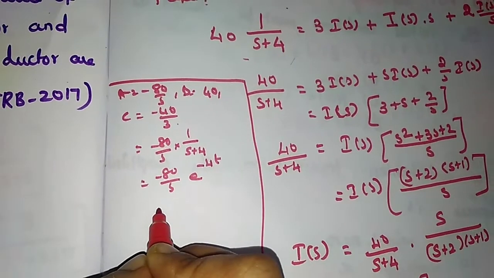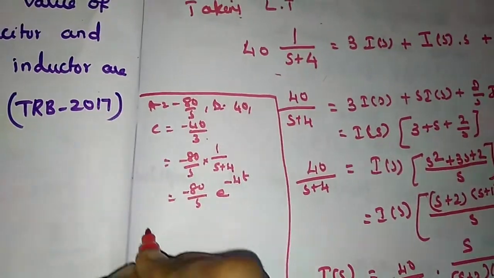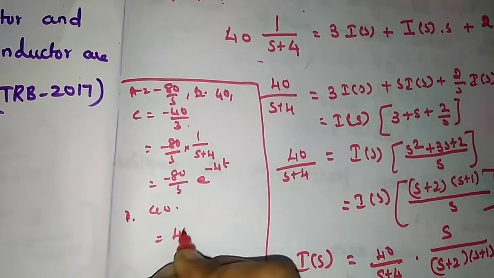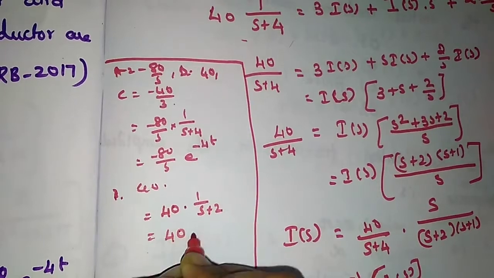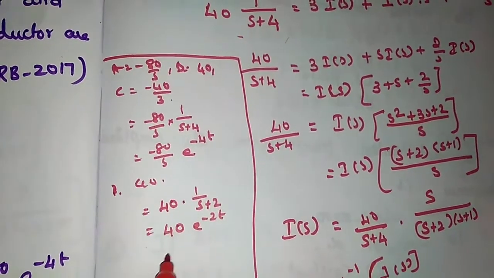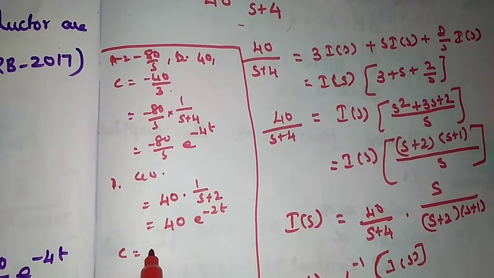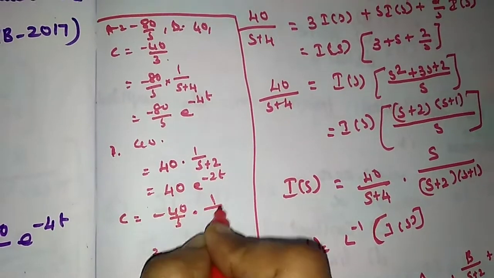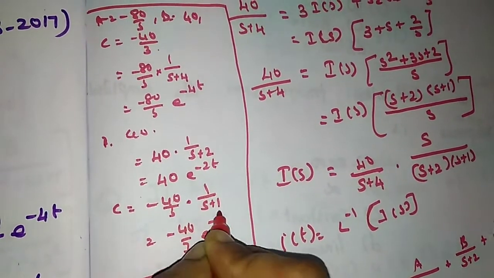For B, the answer is 40, so 40 into 1 by s plus 2, so we will get 40 e^(-2t). And C is minus 40 by 3 into 1 by s plus 1, so we will get minus 40 by 3 e^(-t).